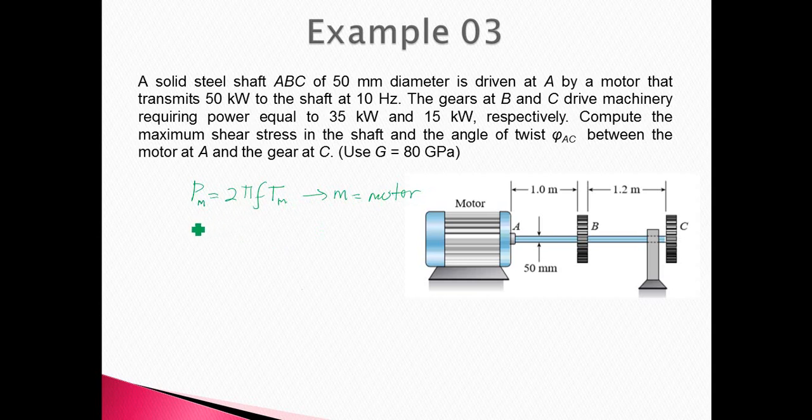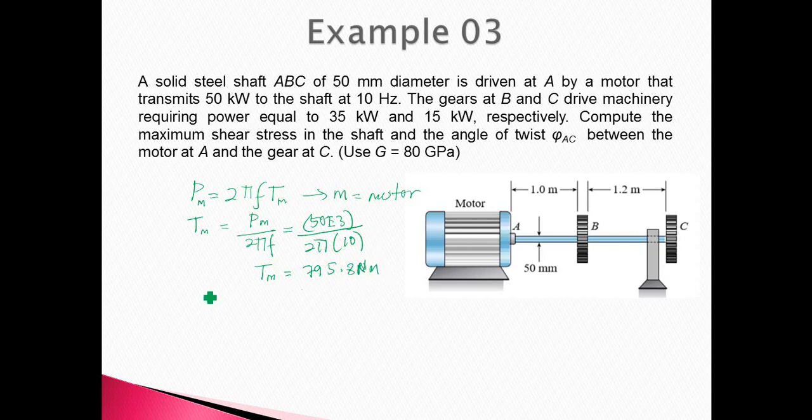So from this equation we can calculate the torque Tm, which is equal to Pm over 2 pi f, and we substitute the value. Pm is 50 exponent 3 divided by 2 pi times f, which is 10. So from here we can get the torque from the motor, which is equal to 795.8 Newton meter.